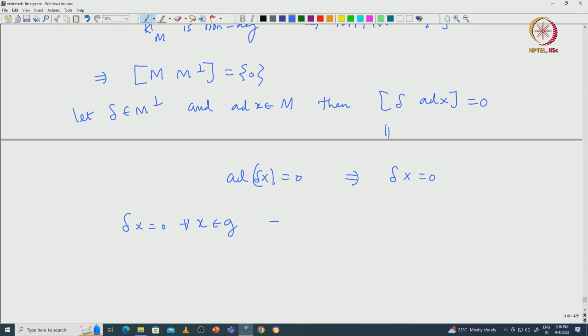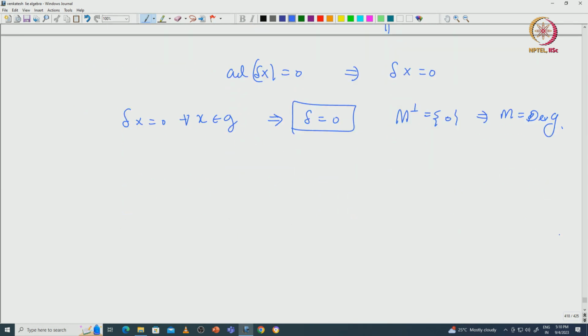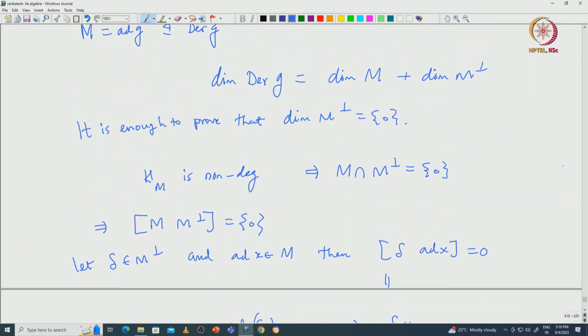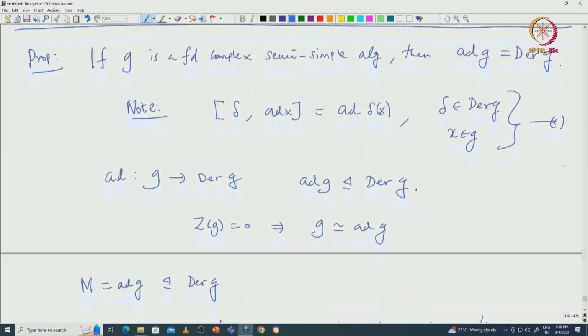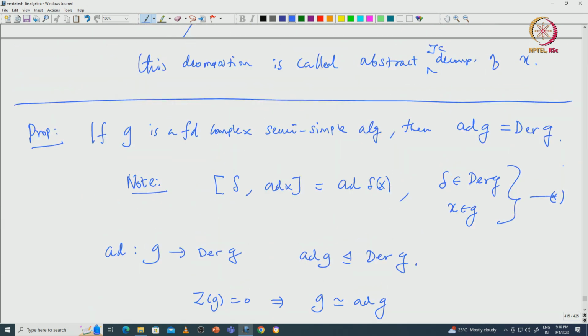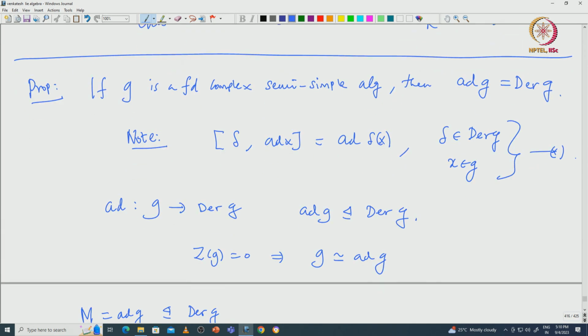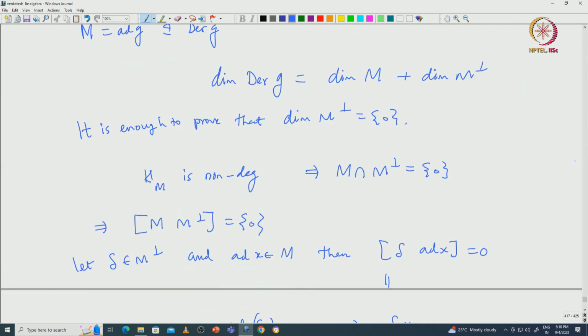That implies delta must be 0 as a map. So, that means m perp is 0. That proves that m is the same as the derivations of g. This repeatedly uses Cartan's second criterion. But indeed what we have proved is that if g is a finite dimensional complex semi-simple Lie algebra, then ad of g must be equal to the derivations of g.